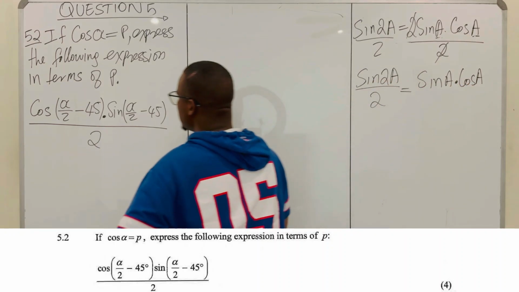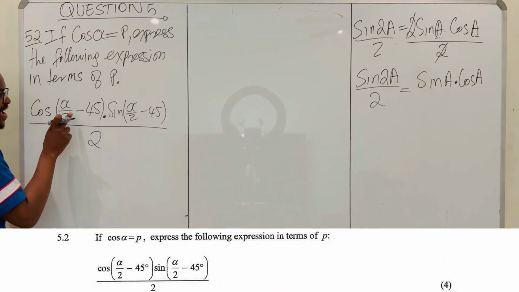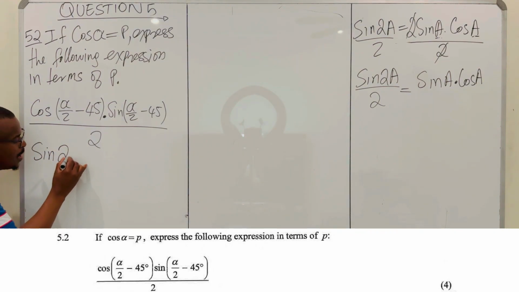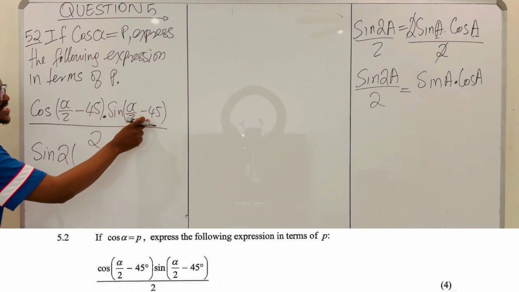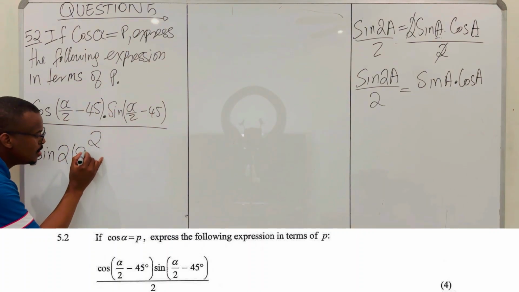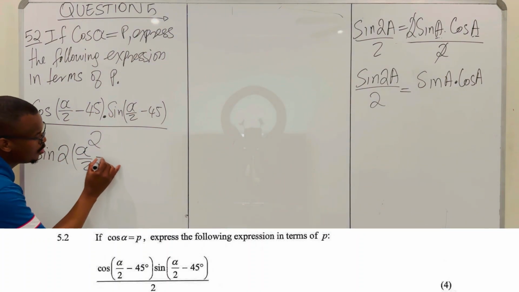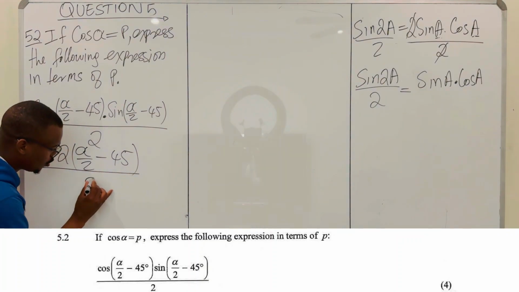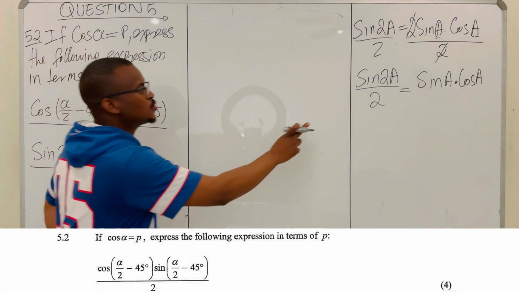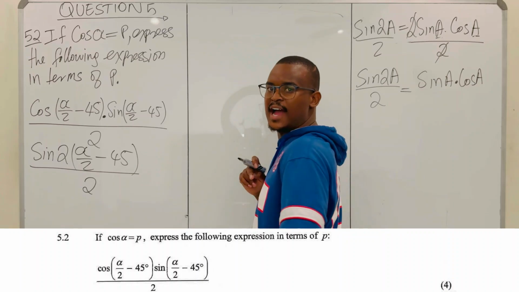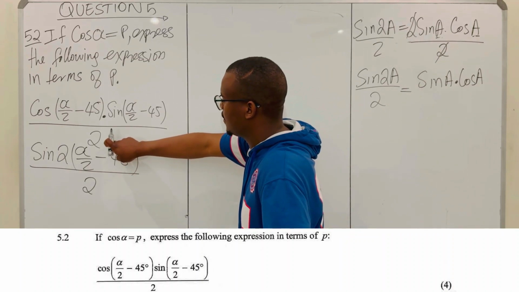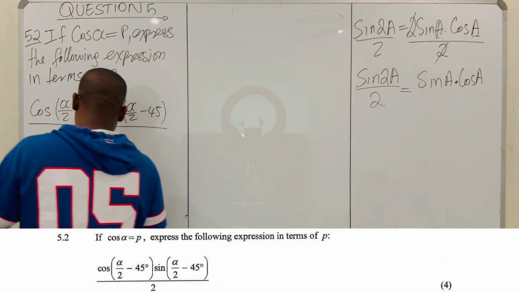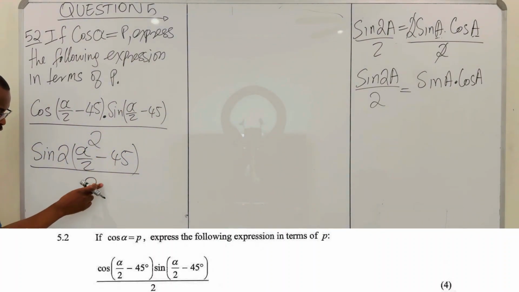In this case, my A is this thing, so I'll have sine 2 times my angle A, but my angle A this time is alpha over 2 minus 45. This is all over 2, this 2 is this one over here, not that one over there. So this is sine 2A over 2.